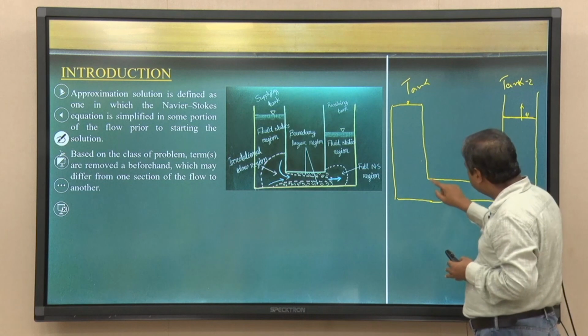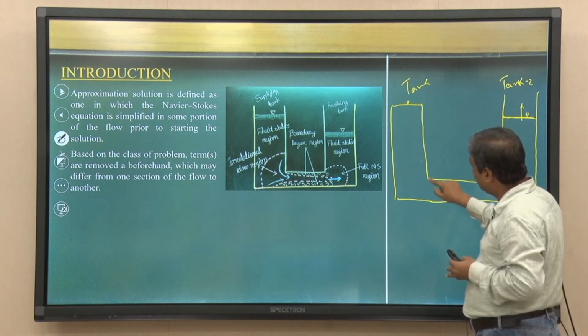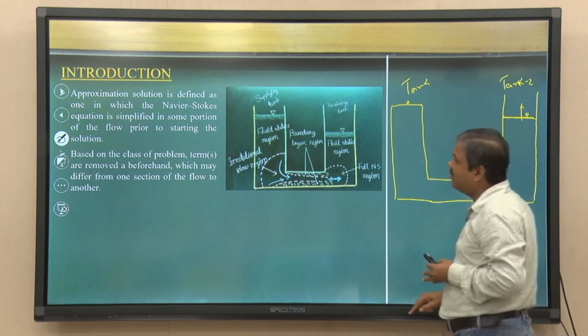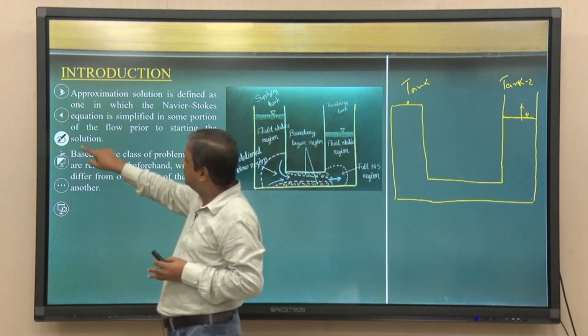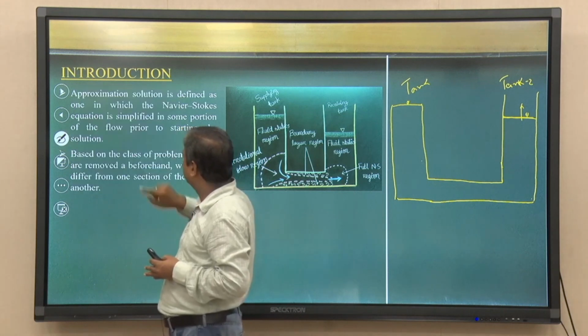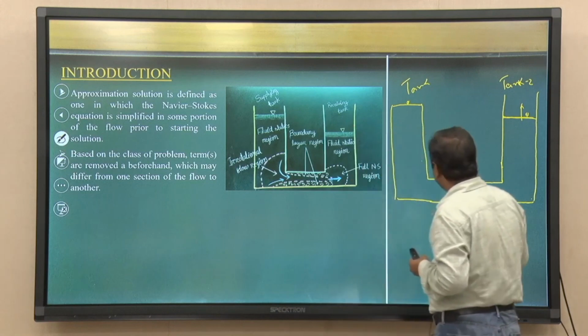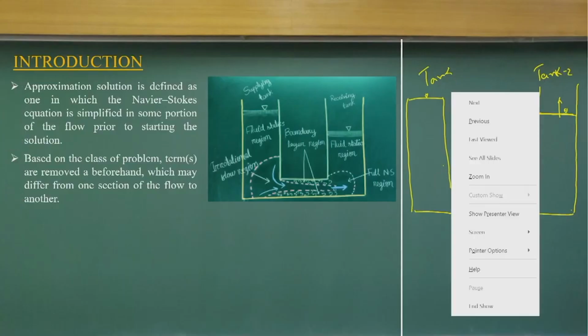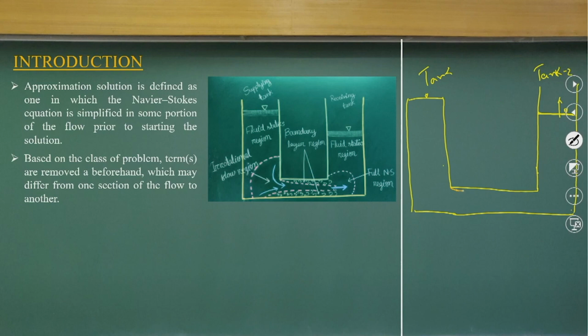That means there are regions very close to this flow where, to maintain the no-slip boundary condition, you will have very thin layers with viscous effects and rotations, because near the wall, with the no-slip condition, velocity has to be 0.